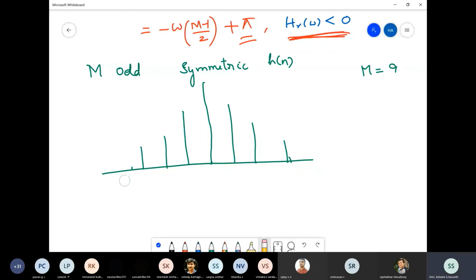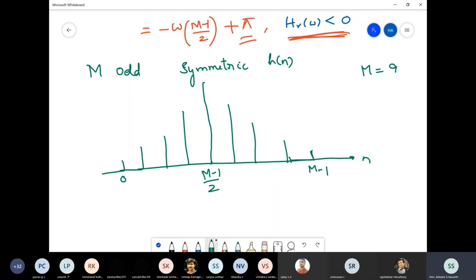Let us say this is an example of the impulse response of the system that we have. The first sample is at 0. The last sample is M minus 1. So the center point exactly here is (M-1)/2, where we have the center sample.